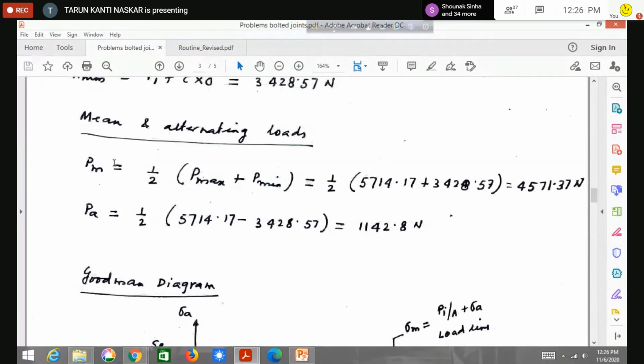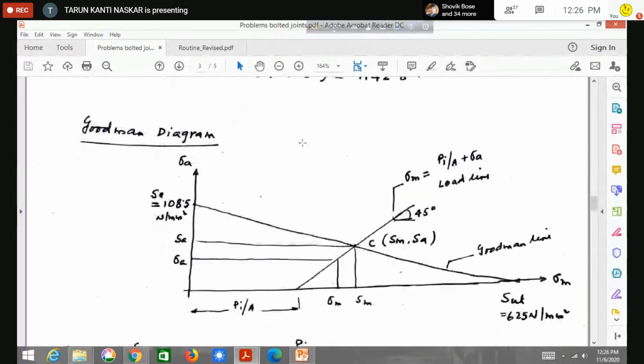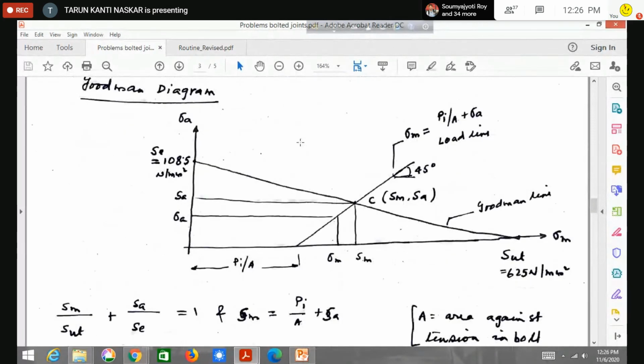Mean and alternating loads are Pm equal to this and Pa equal to this. Now draw the Goodman diagram, the load line. This is the value of AC, this is the value of SUT, so this is the Goodman line.